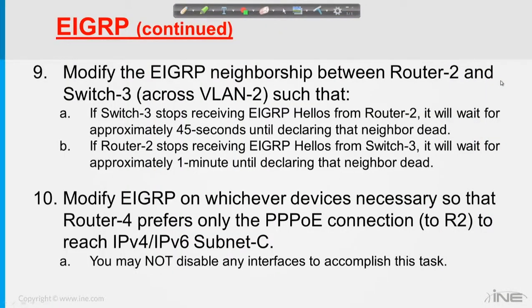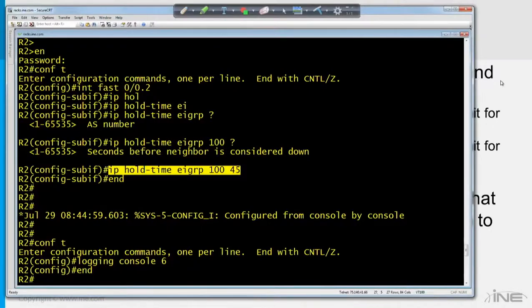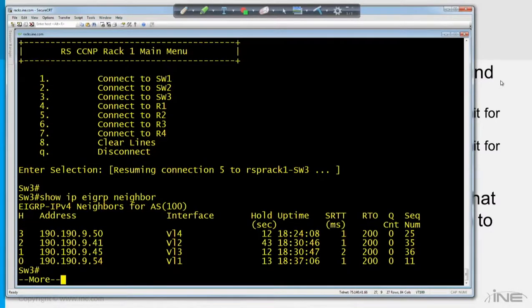Now we're going to do 9b. If router 2 stops receiving EIGRP hellos from switch 3, it will wait approximately 1 minute until declaring that neighbor dead. So now we know, instead of doing the command on router 2, we need to go to his neighbor who's advertising the hellos, switch 3, and change it over there. So let's go to, oh, we were already there.